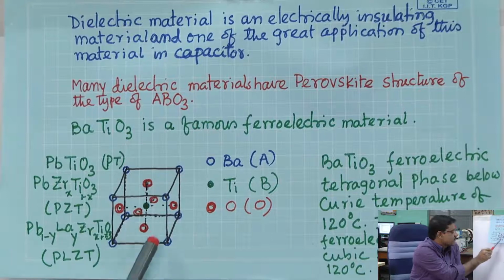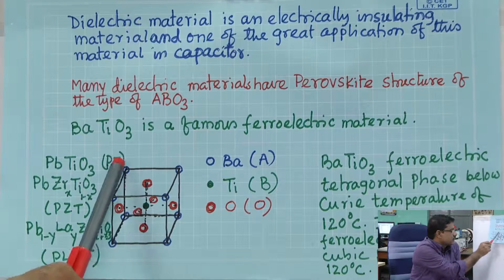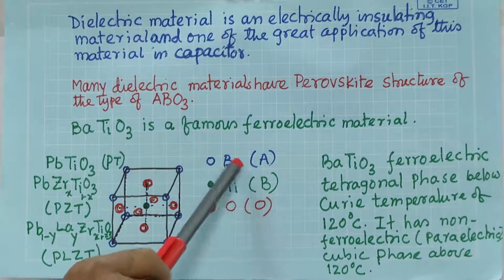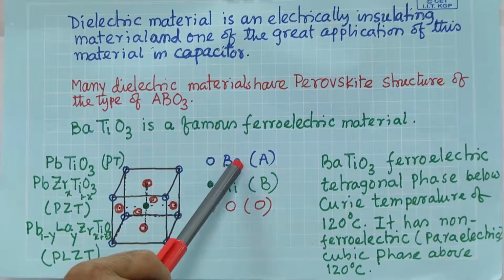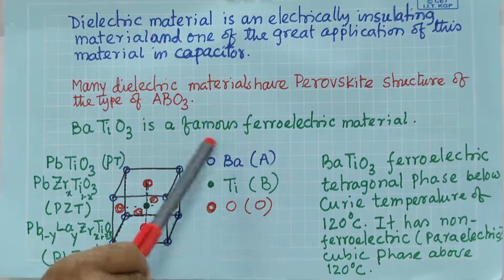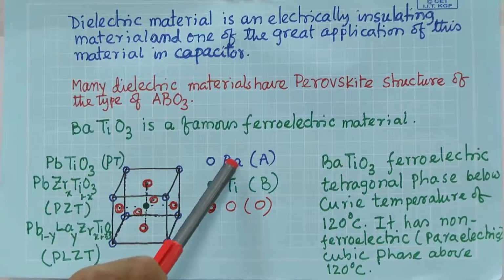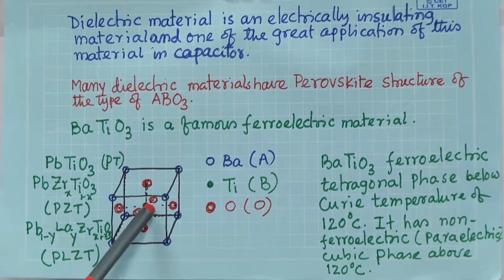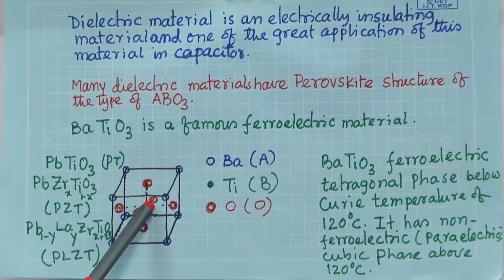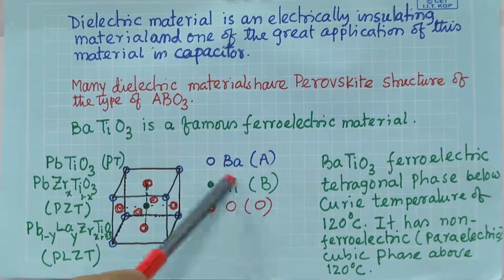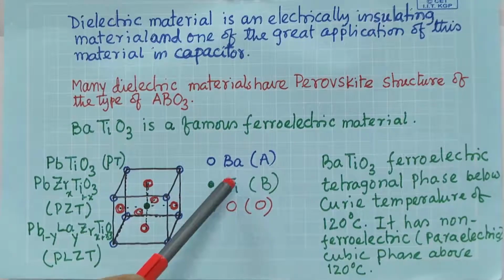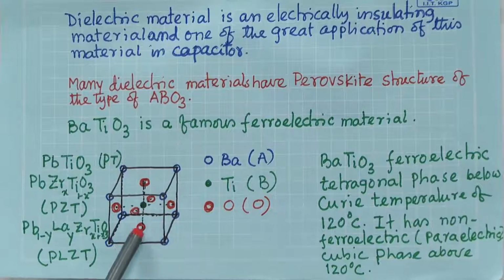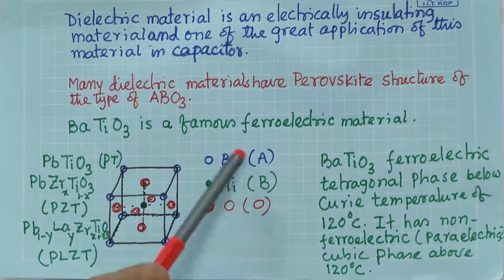In the corners of the cube are the A type atoms, in this case barium. In the body center is the B type atom, in this case titanium, and at the face centers are oxygen.